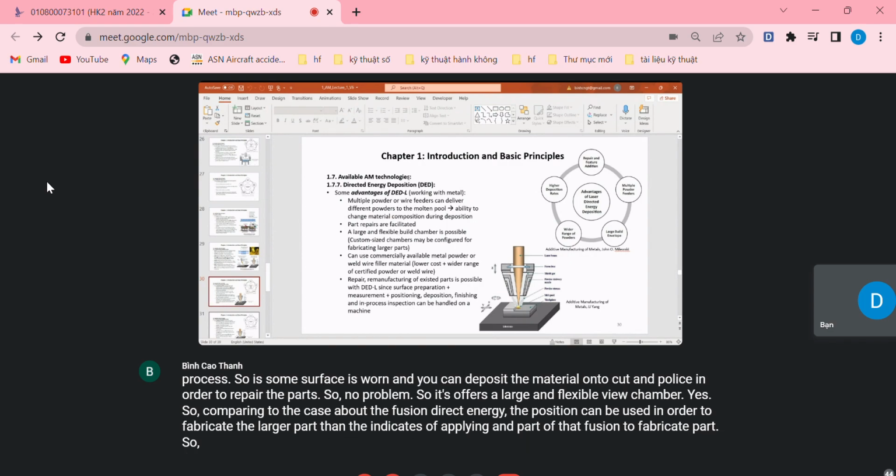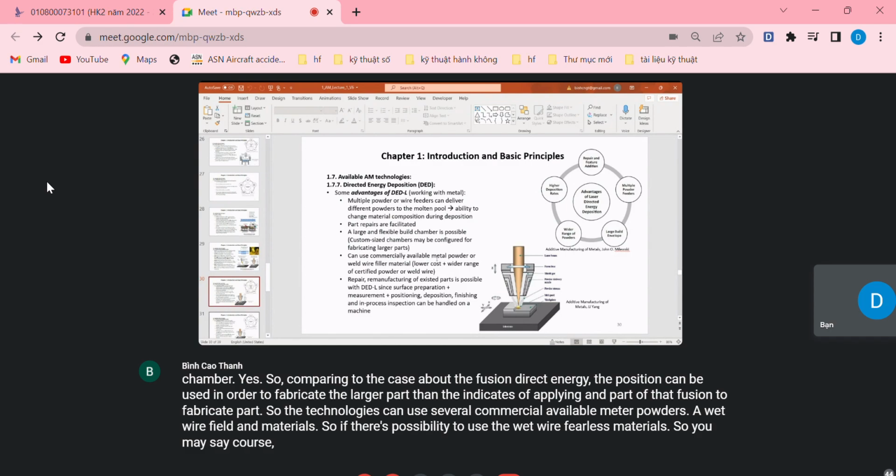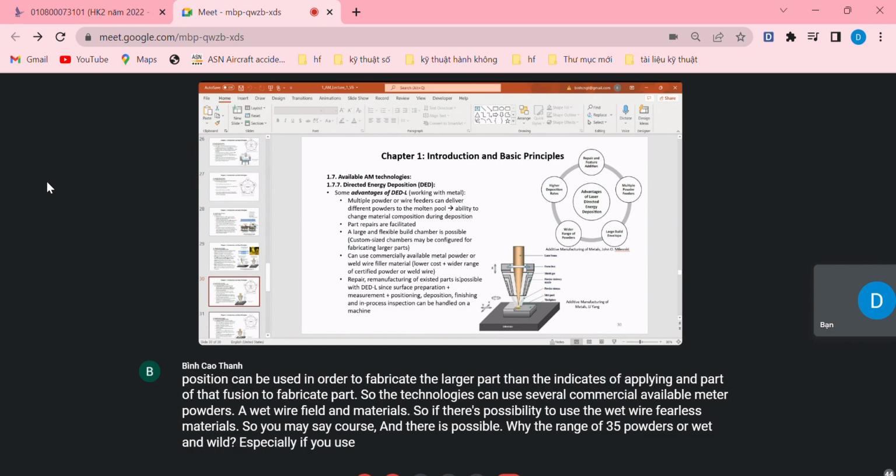The technology can use several commercially available metal powders or wire filler materials. If it's possible to use wire filler materials, you may save costs, and there is a wider range of certified powders or wire, especially if you use wire, because the cost of wire is cheaper than powders.